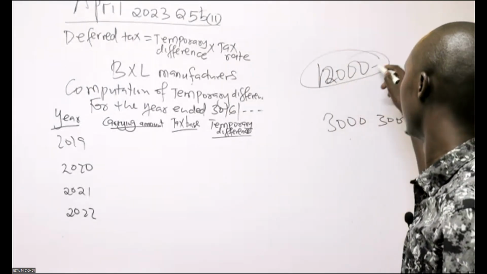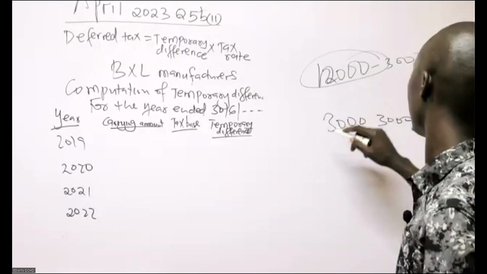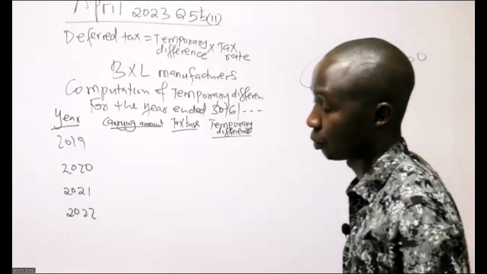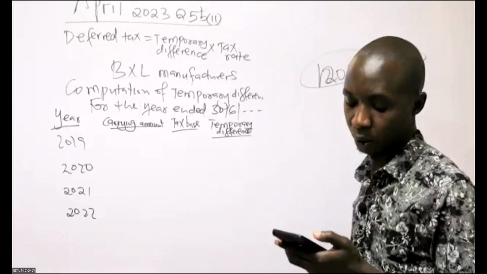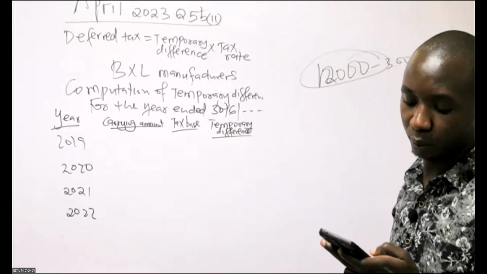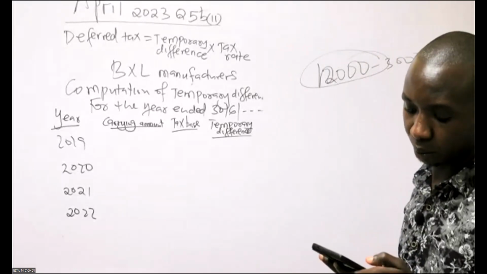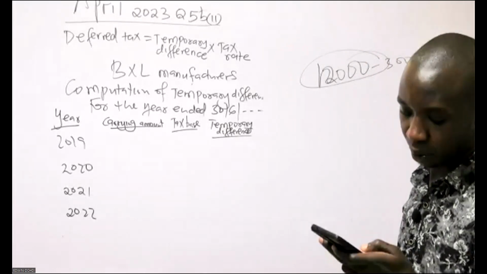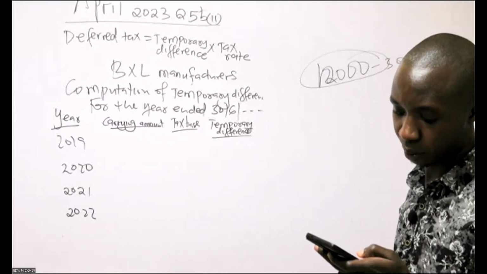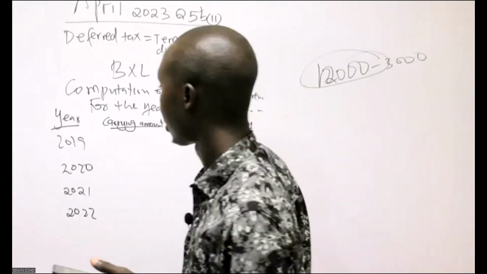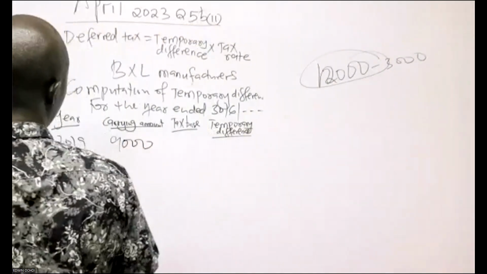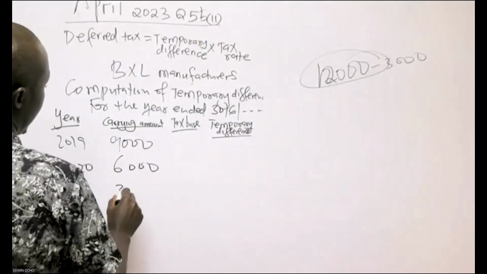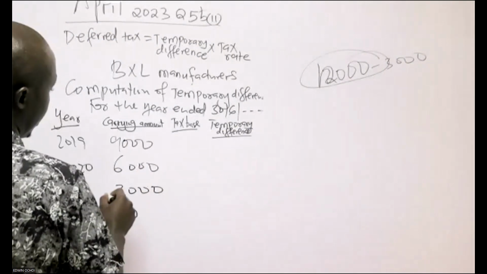So 12 minus 3, for the first year we get 9,000. 9,000 minus another 3 is 6,000. Then 3,000, then 0.